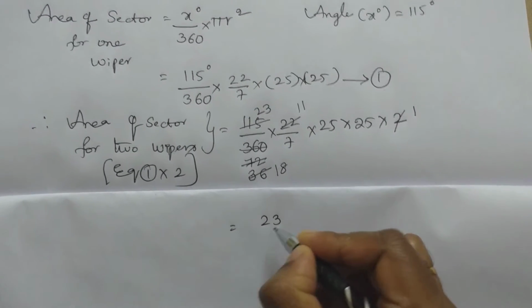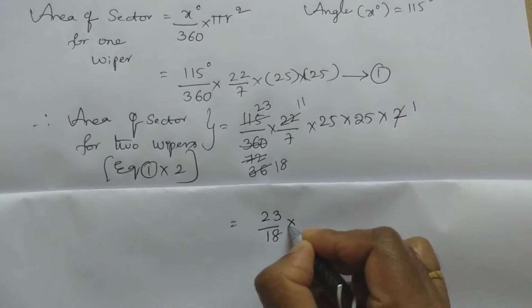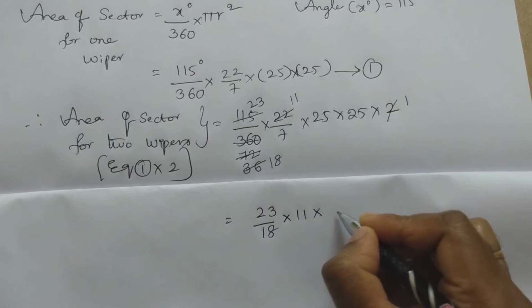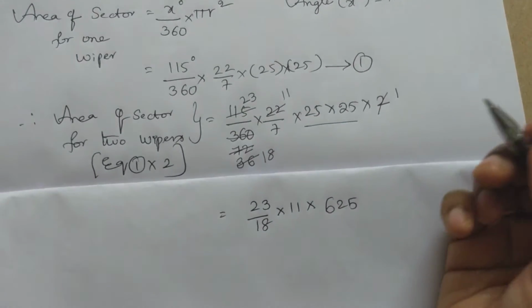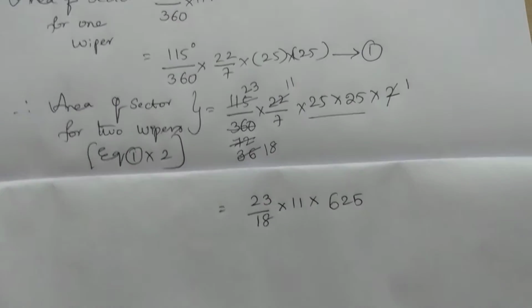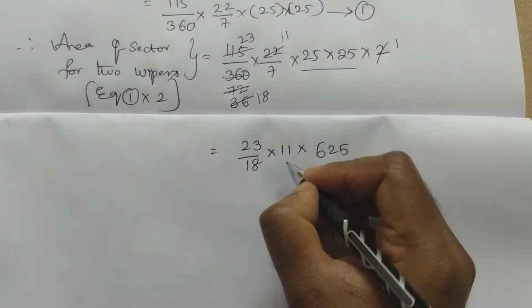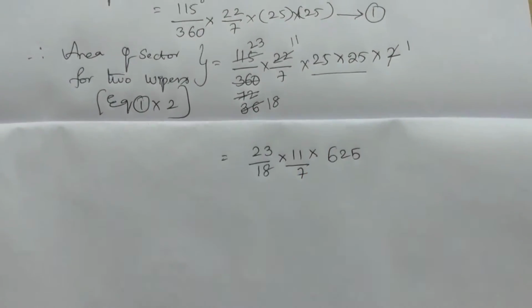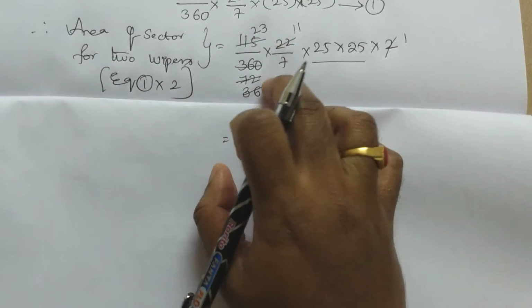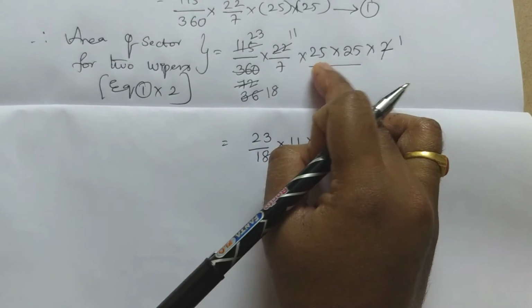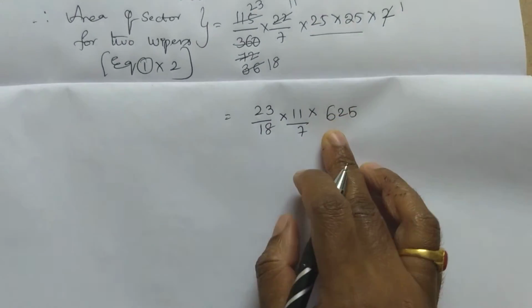Write the same thing here: 23 by 18 into 11 by 7 into 25 into 25, that is 625. You need to learn squares so that you can easily calculate. Here 11 by 7, you should not forget that.